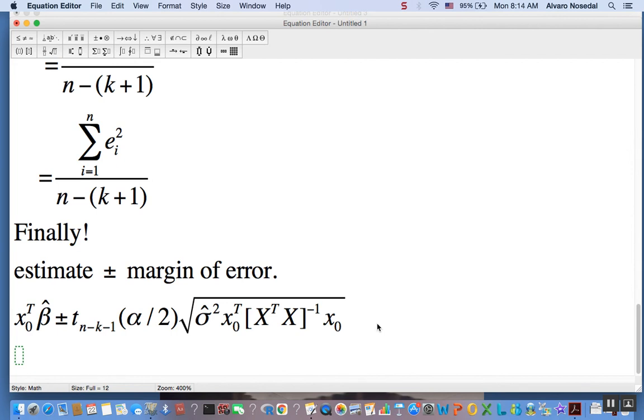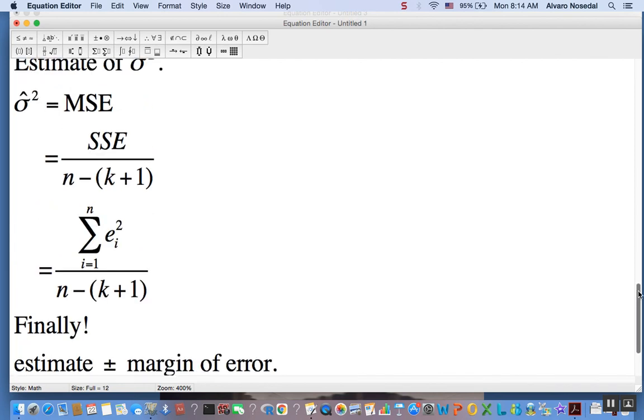Now, think about it. Why that t-distribution, right? We know that a t-distribution is a normal 0, 1 divided by the square root of a chi-square distribution.